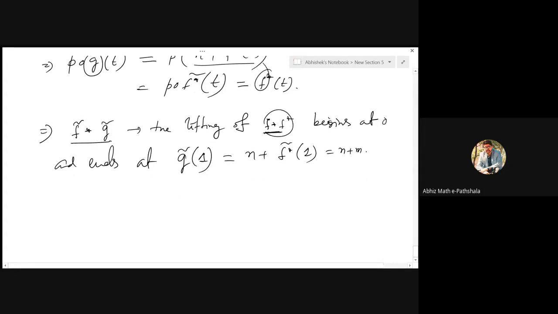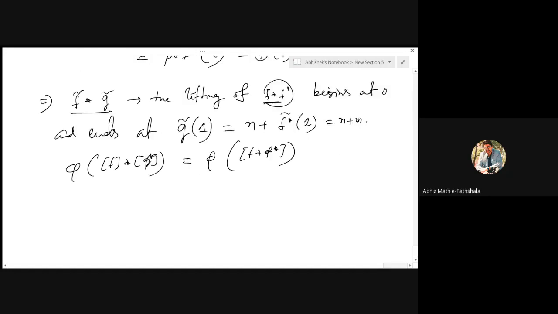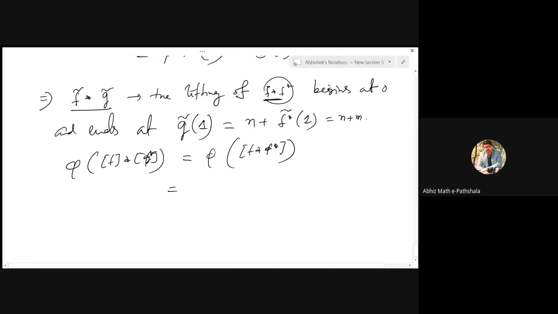So therefore, phi of the product of classes is the endpoint of the lifting, that means it is n plus m.